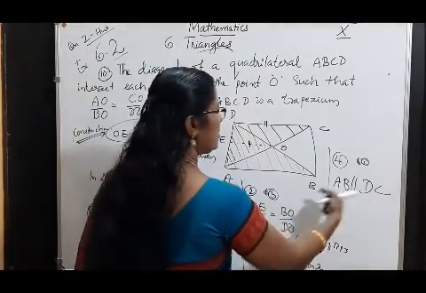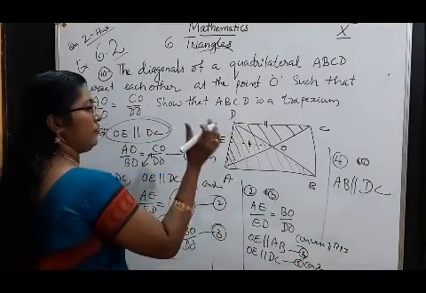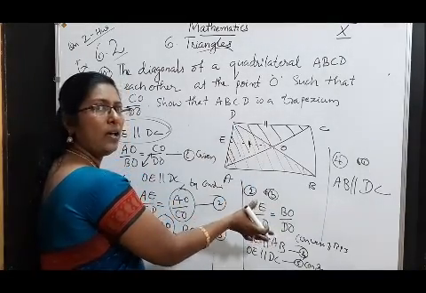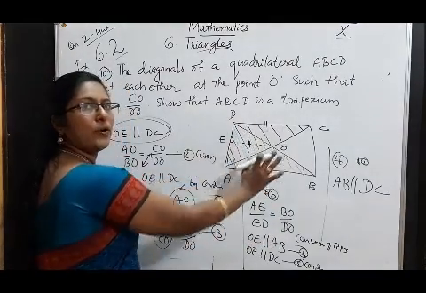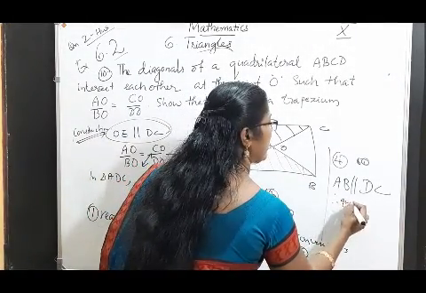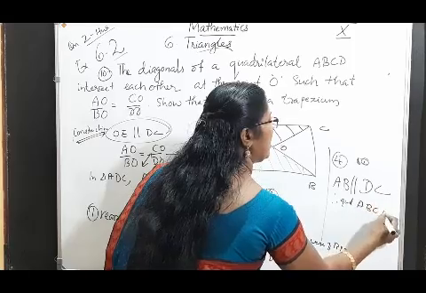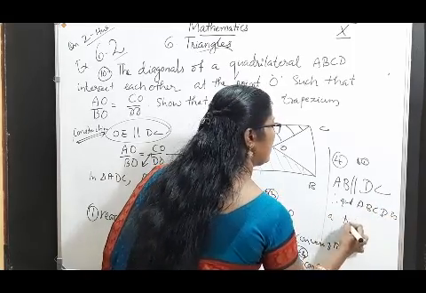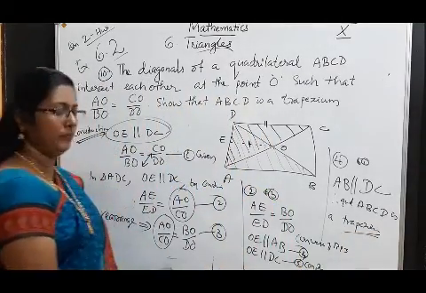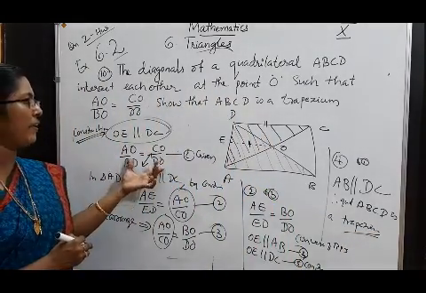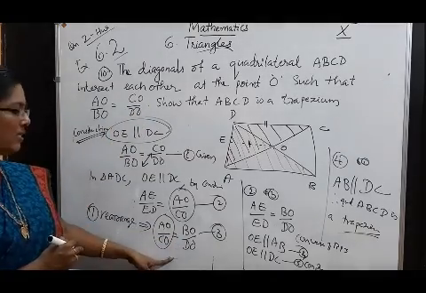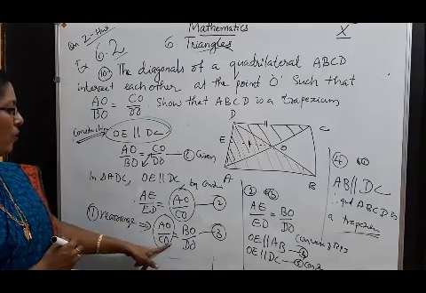If a pair of opposite sides are parallel, the given quadrilateral is trapezium. So we can conclude quadrilateral ABCD is a trapezium.